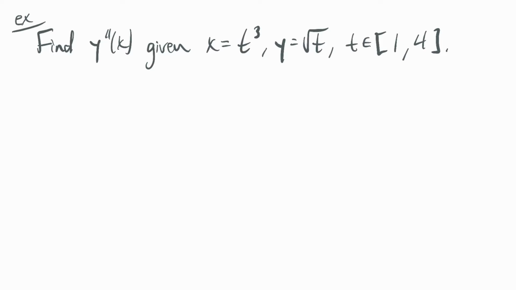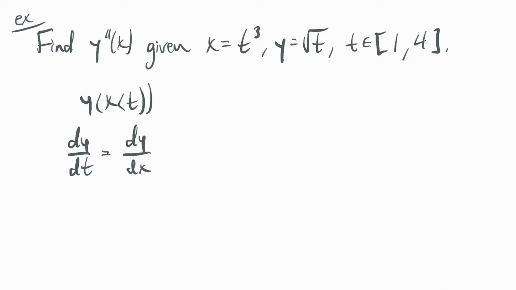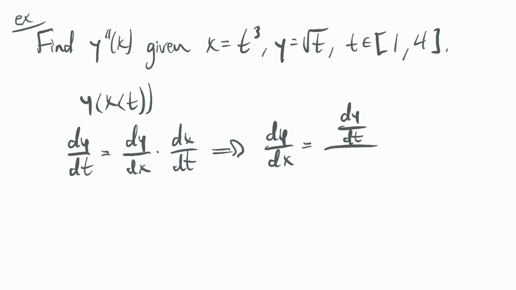We said earlier that when y is a function of x, which is in turn a function of t, we can apply the chain rule to get dy/dt equals dy/dx times dx/dt. And so dividing on both sides, we get dy/dx equals dy/dt over dx/dt.